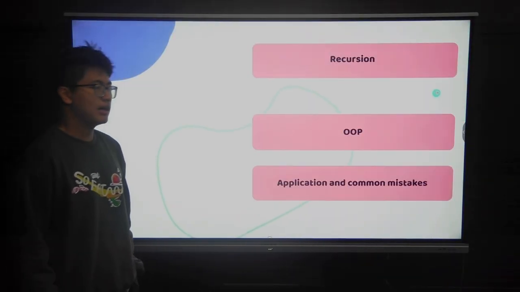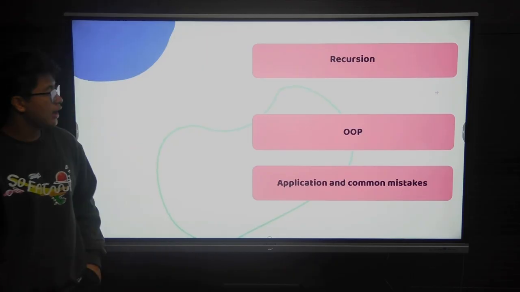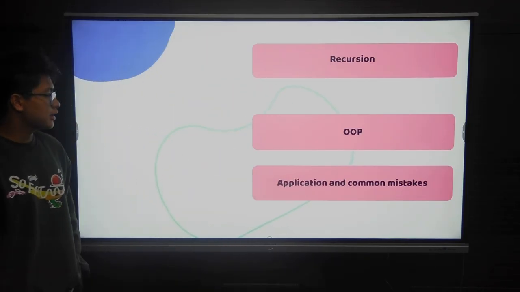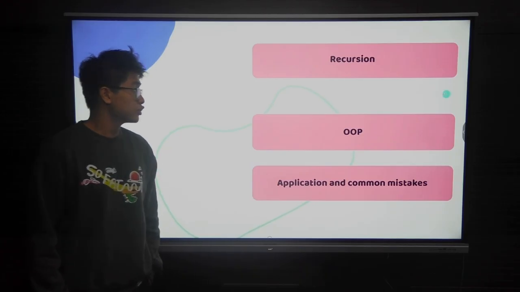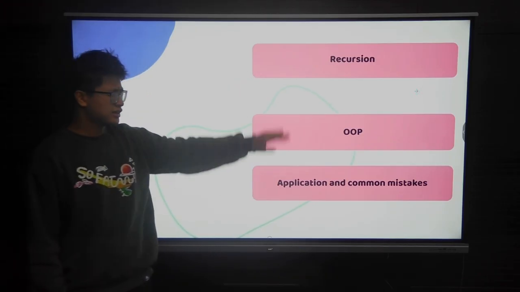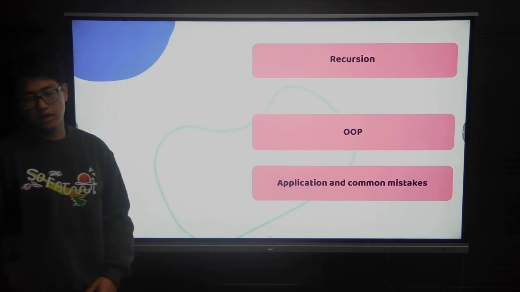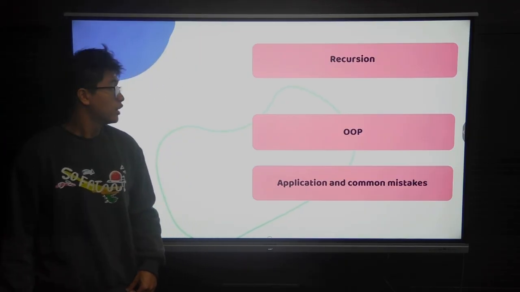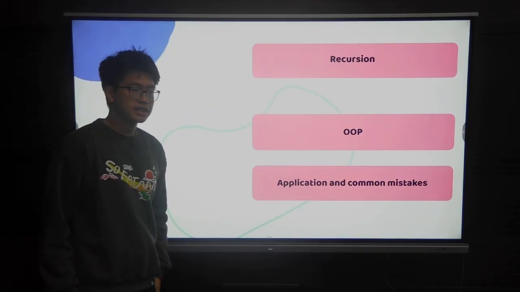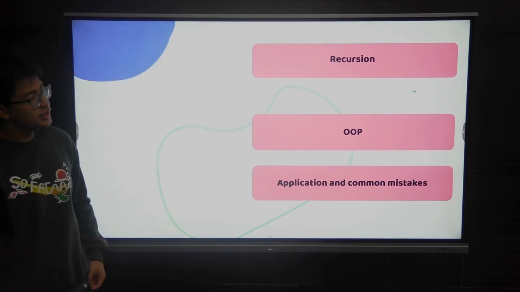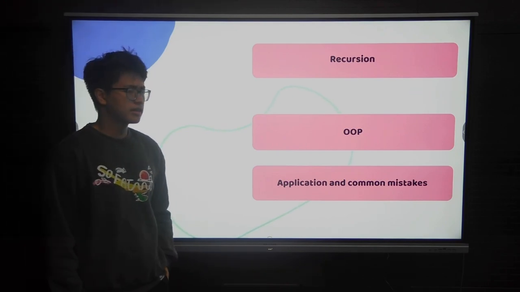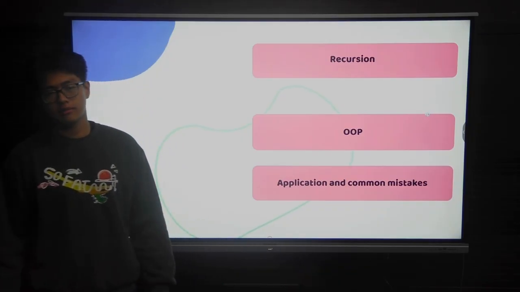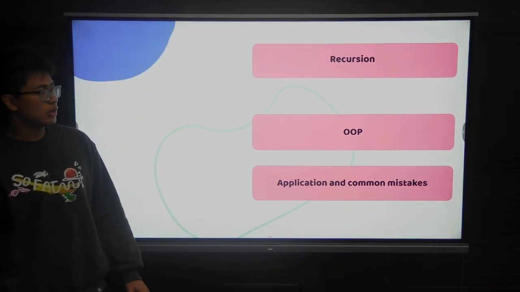And that's all about our video today. We have covered recursion, OOP, and some applications and common mistakes. To summarize, recursion is a type of programming where we call a function within itself. In recursion, we have the base case and the recursive case, and some common mistakes are stack overflow and wrong base case or wrong logic.